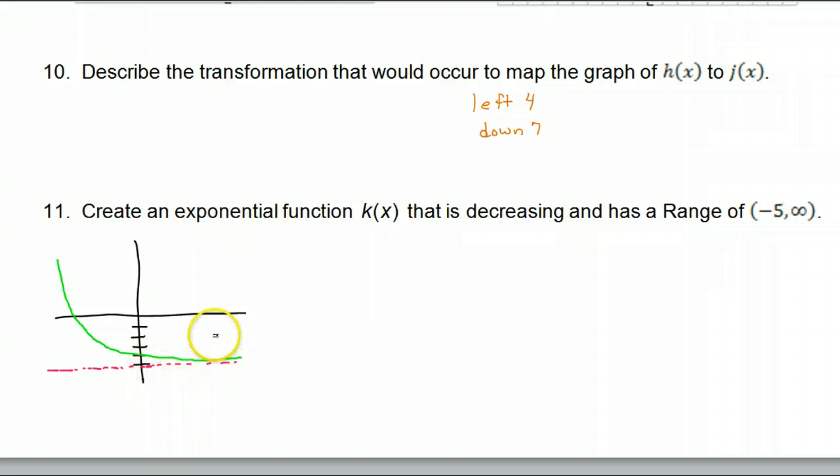Okay, decreasing. Now we know if it's going to be decreasing, that means the base has to be less than 1. The base has to be less than 1 if it's going to be decreasing. Like I just said, the asymptote has to be at -5 if the range is going to go from -5 to infinity.